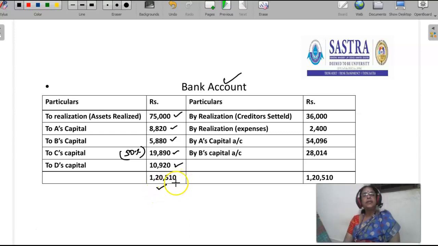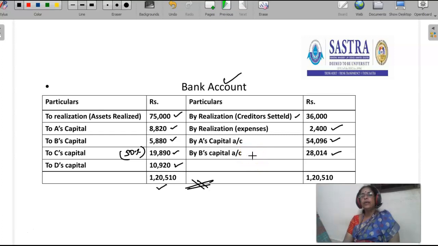Out of that 1,20,510, creditors are settled to the extent of 36,000. Realization expenses is 2,400. A's capital account is settled 54,096. B's capital account is settled 28,014. Naturally, the bank account is closed. Tallied, 1,20,510 on both sides.